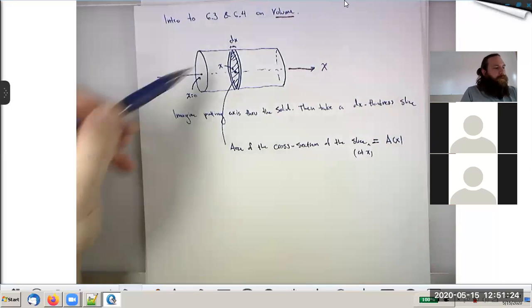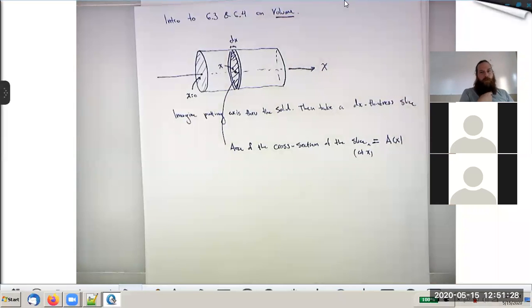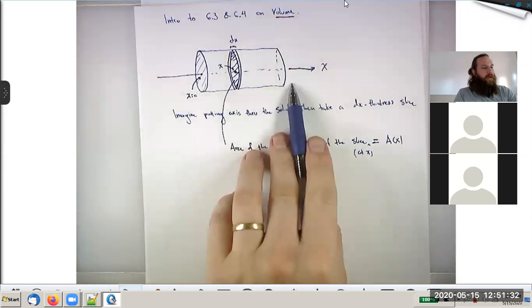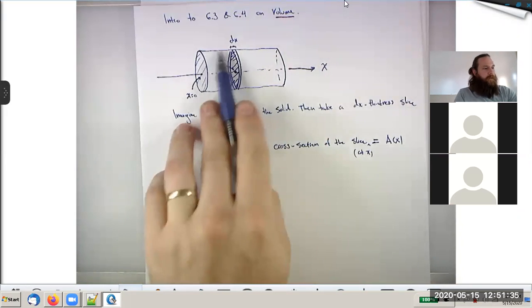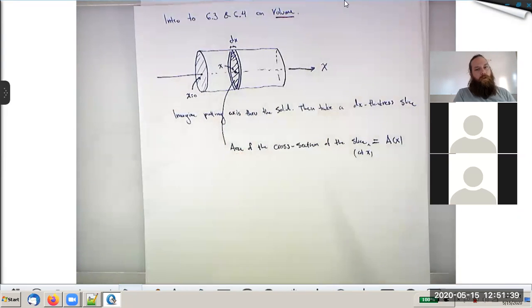So A of 0 would be the area at this end. Does that make sense? If this thing is 3 units long, then the area if I sliced here would be A of 1, the area if I sliced here would be A of 2, and the area at the very end would be A of 3.